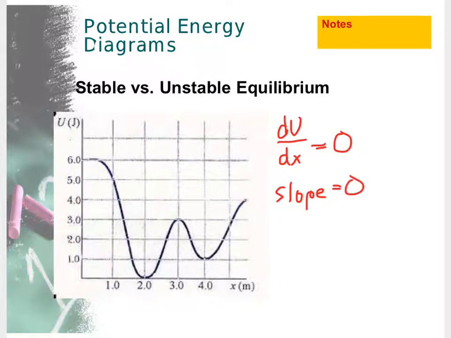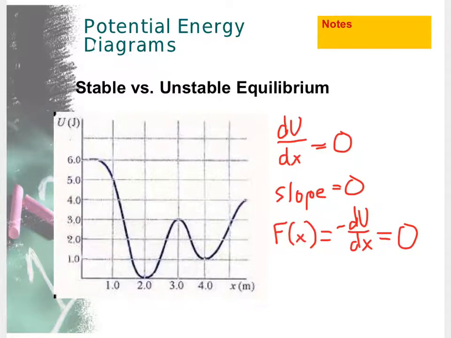And remember that I told you that the force that produces this potential energy graph is equal to negative dU/dx. So there are particular points where the force is equal to 0. And in order to find where force is equal to 0, let's find where the slope is 0.